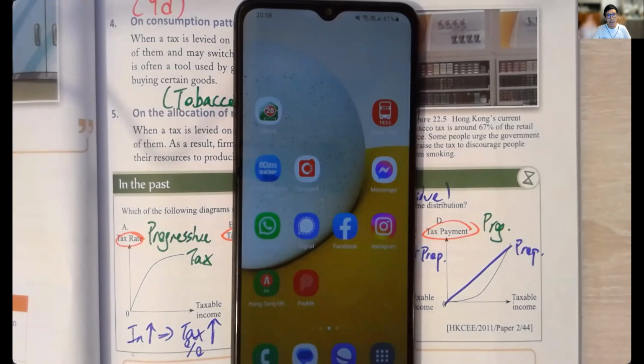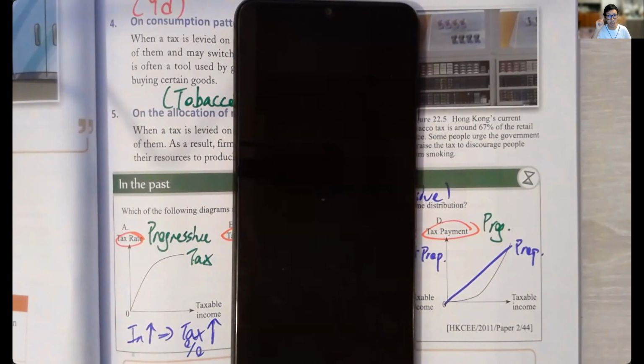No conclusion without giving you tax rates. If I have no tax rate, I can't draw any conclusion. OK? Now, effect of taxation. I don't know if there's enough time, because I only have 40 minutes left. We have around 40 minutes. We should be able to finish these few questions.